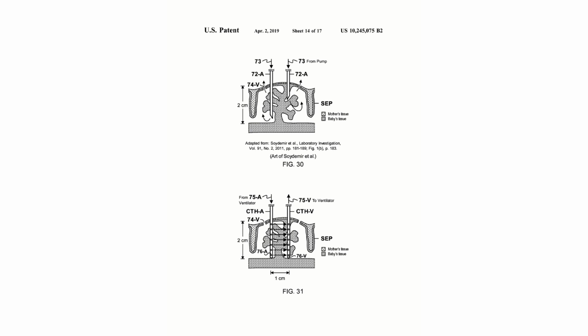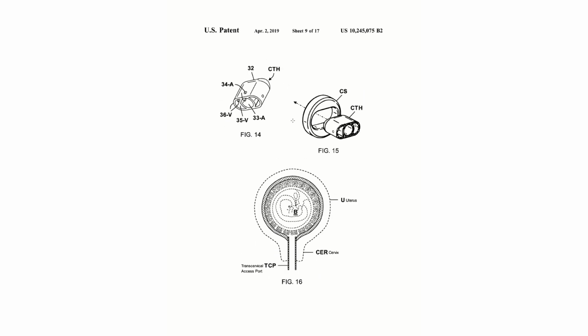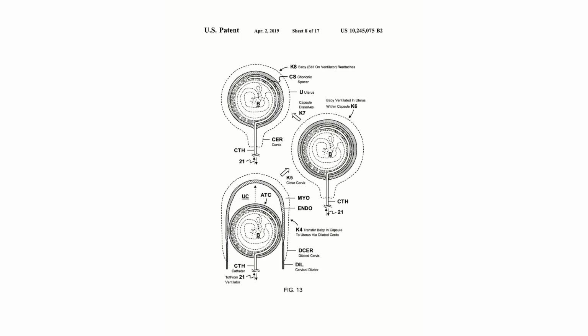So this is a villus tree right here in the center. After the baby has been planted, you can either withdraw this catheter or basically you can leave it in place. Then the baby will grow, and then you'll redeliver the baby at full term.